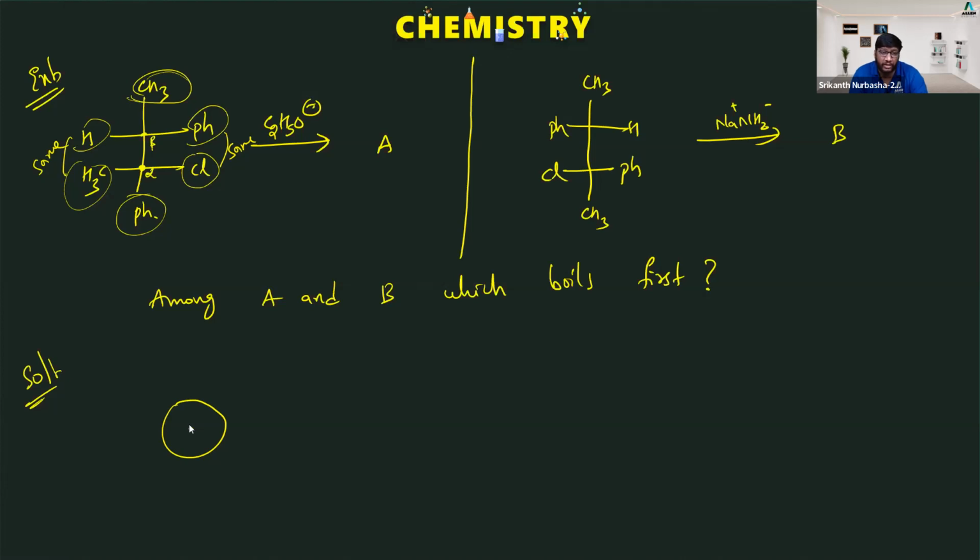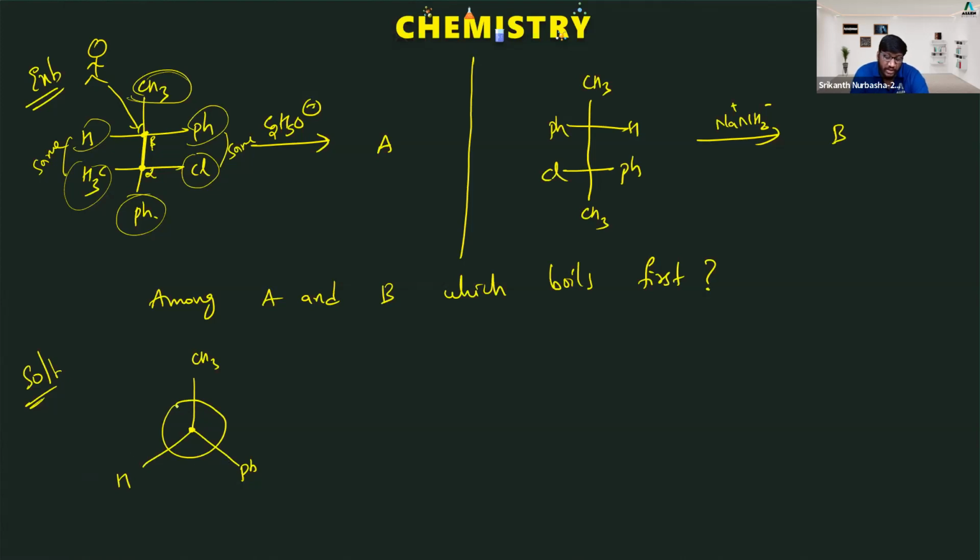Let us say I am looking at this molecule in this fashion, looking at the beta and alpha carbon. To the front carbon, CH3 is connected to the top, Ph is on the right side, H is on the left side.